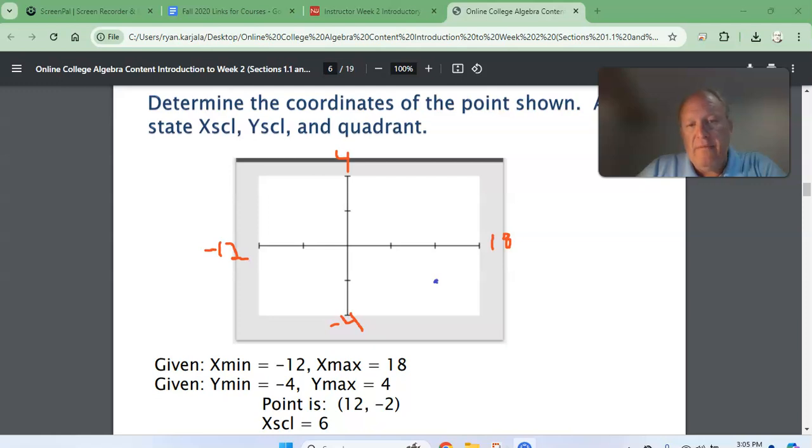And the scale for the x would be 6, and it looks like for the y it'd be 2. So that point right there would be 12 on the x, and then we go down 2. So it would be (12, negative 2) as your point. Okay, hope that helps.